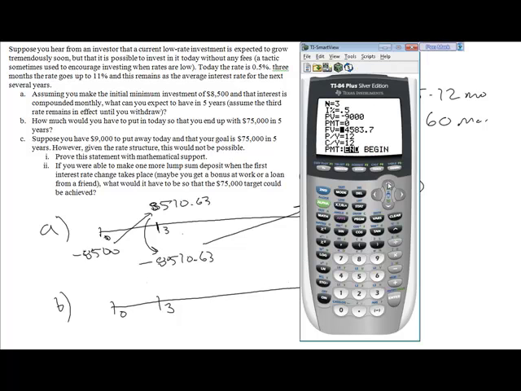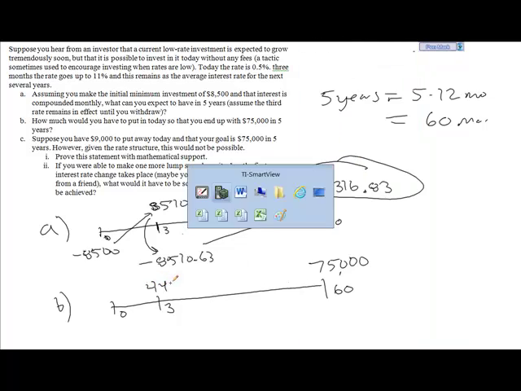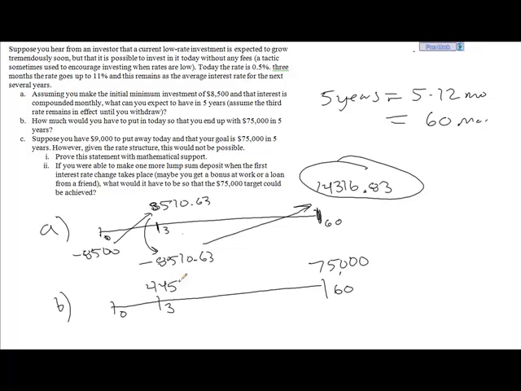To find that, I'm going to back up 57 months at 11%, starting at my $75,000 and seeing what that amount would have been 57 months ago. So I'm going to calculate a present value. Well, it would have had to be $44,583.70.